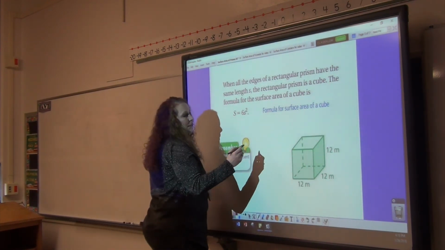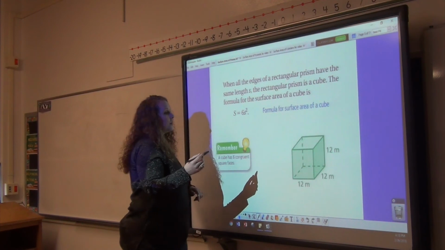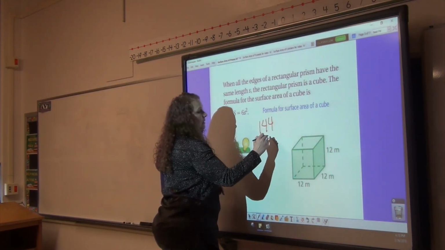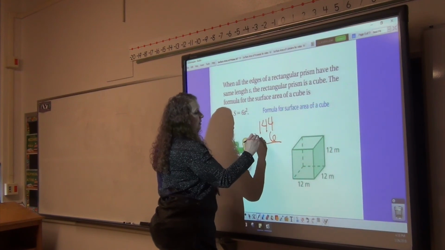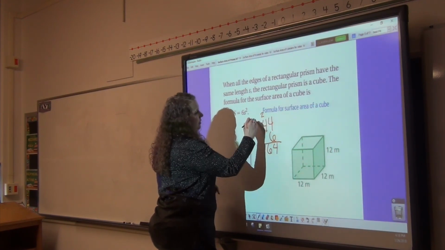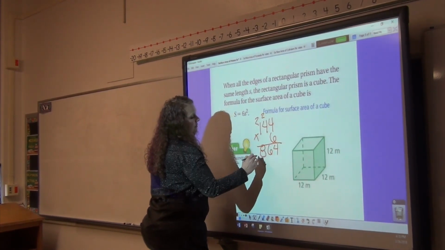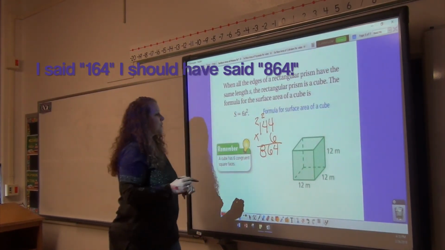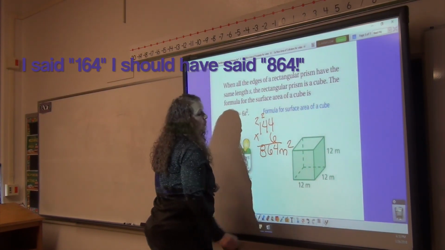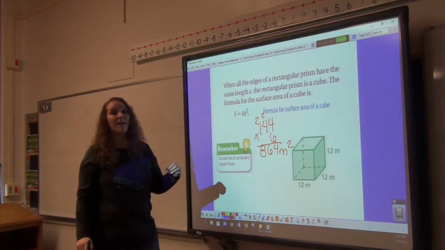So in this case, 12 times 12 is 144. You multiply 144 by 6. See if I can multiply correctly here. So you have 164 meters squared is your surface area of this cube.